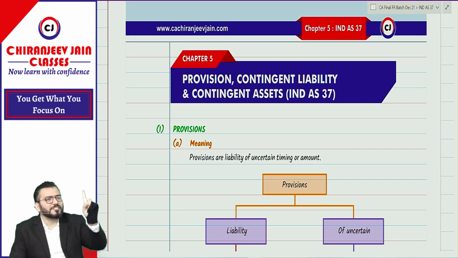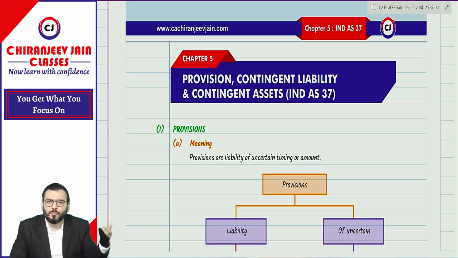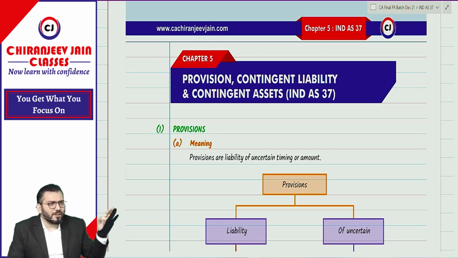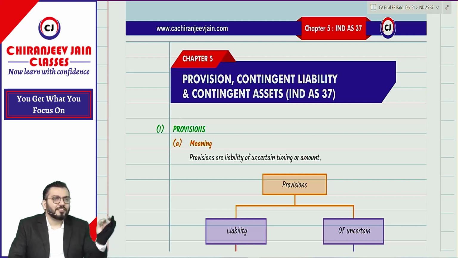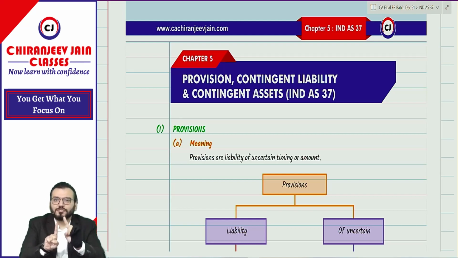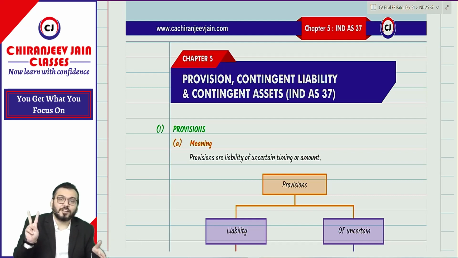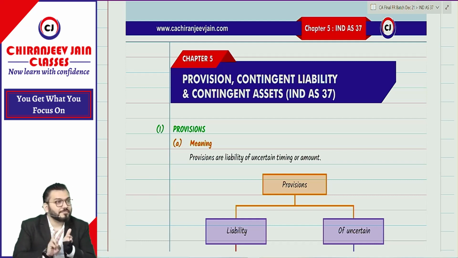Your commerce and accounts started from class 11, or intermediate, whatever you say. Class 11 accounts, the teacher may be different. Then for class 12 the teacher may change. Then CA Foundation, another teacher.